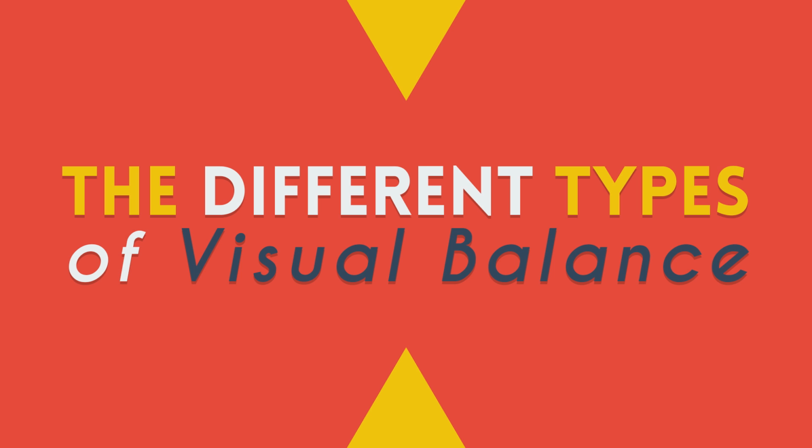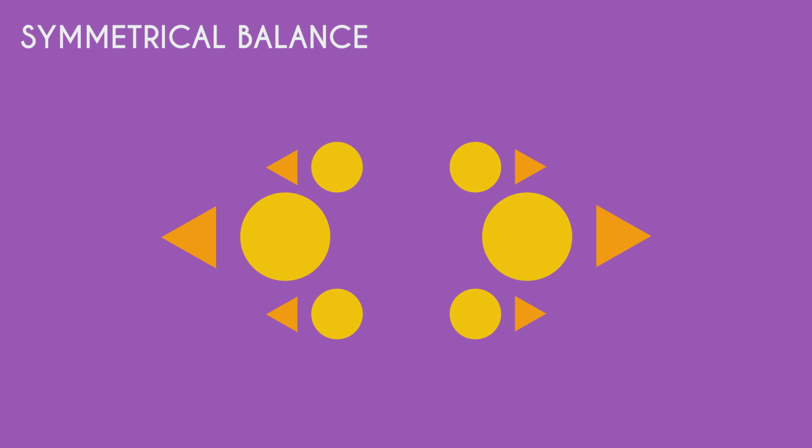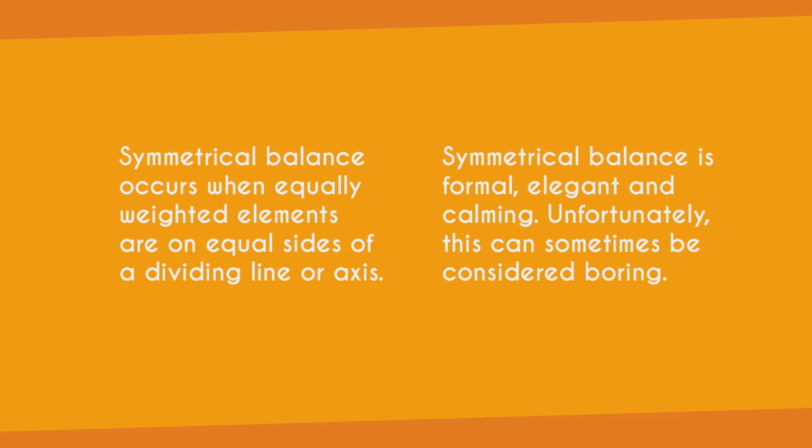So the different types of visual balance then. There's symmetrical balance, which is the most simple, so we'll start there. You see it quite a lot. It's when all elements on a page are balanced around a single axis. When elements are equally divided on either side of a dividing line or axis, it's known as symmetrical balance.